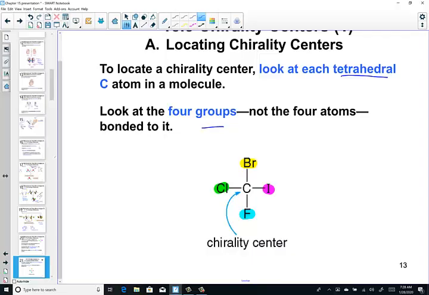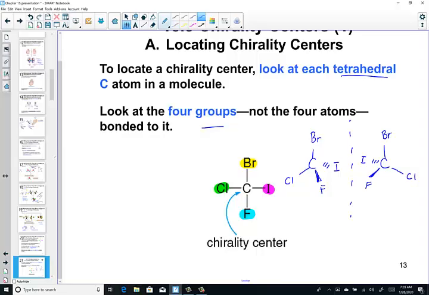If I consider drawing it in a dash wedge, I'll put bromine in the same plane, and chlorine in the same plane, I'll make fluorine come out and iodine go back. Its mirror image would have bromine up top, chlorine off to the right in the same plane, fluorine down here, and the iodine up here. That's its mirror image reflecting back. So just pretend there's a mirror here and draw what you would see for its reflection.